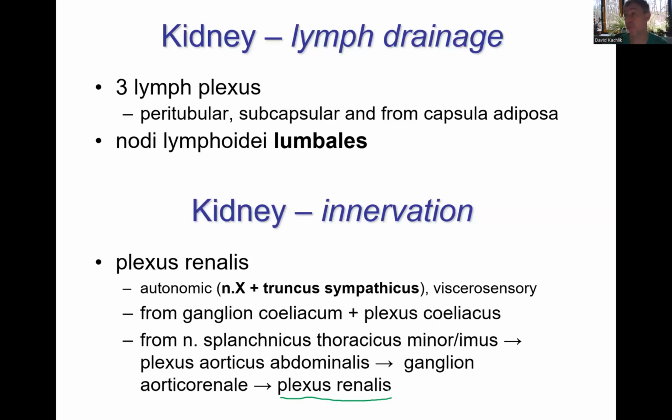When there is no sympathetic innervation in the kidney, the filtration gets lower and the blood pressure is lowered by 20 to 30 millimeters of mercury. So this method is used only in pharmacoresistant hypertension.